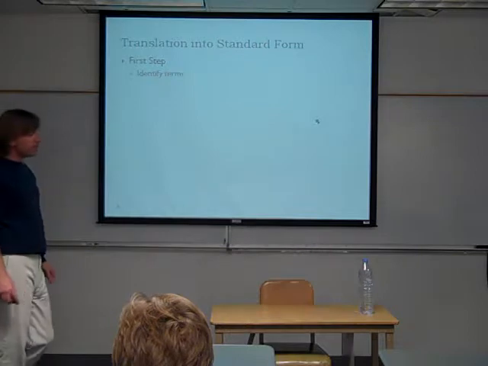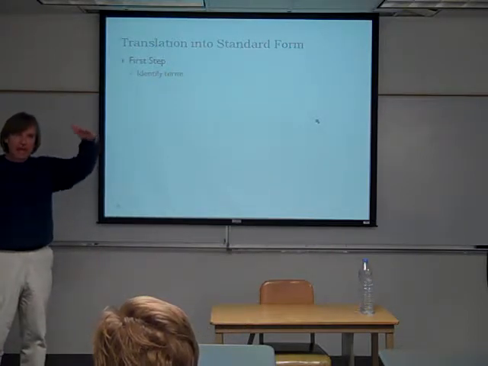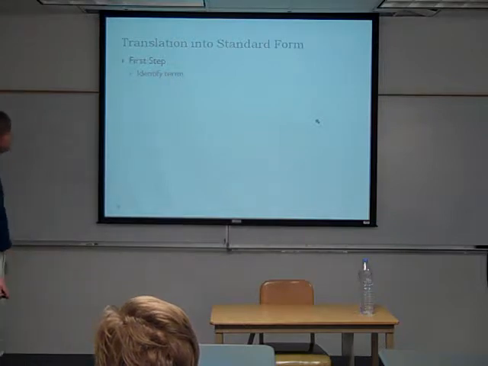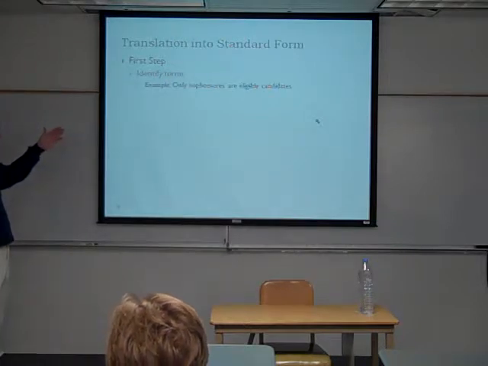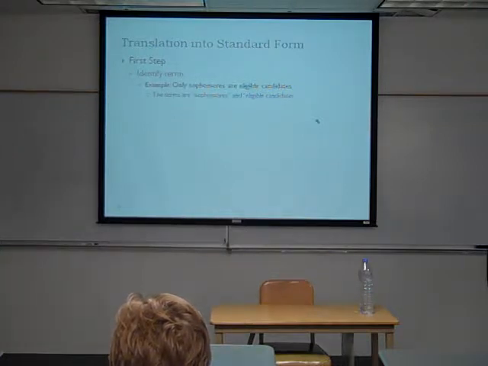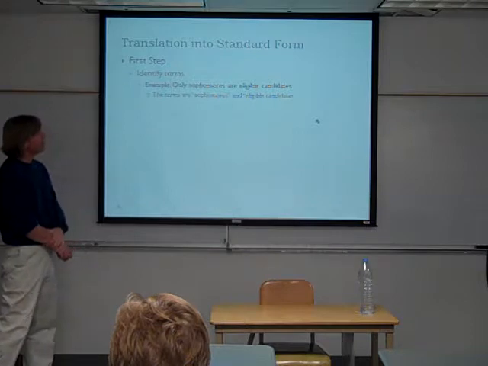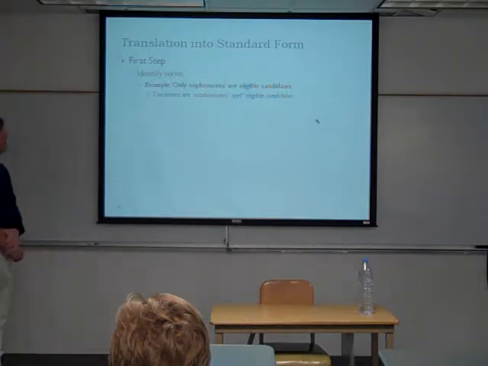Now, the first step when we begin this translation into the standard form A, E, I, and O is to identify the terms. And that's going to be a key step here. We need to identify what's the subject and what's the predicate. And they give you ammunition for being able to do this. Consider this example. Only sophomores are eligible candidates.